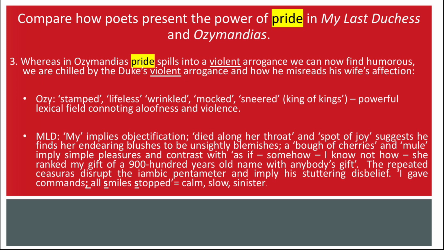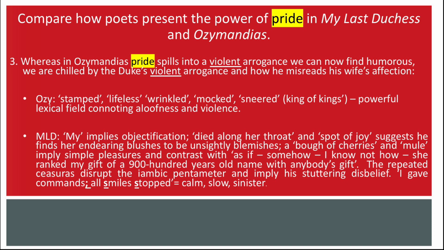She feels quite flattered when she receives modest gifts or people pay her compliments. But the fact that he uses the violent imagery of it dying along her throat, which clearly inspires ideas, I'm sorry to say, perhaps of a slit throat. And when he claims that these blushes are spots and therefore slight blemishes, you get the sense of the violence and the anger at what is in fact perfectly natural human reactions from the Duchess.